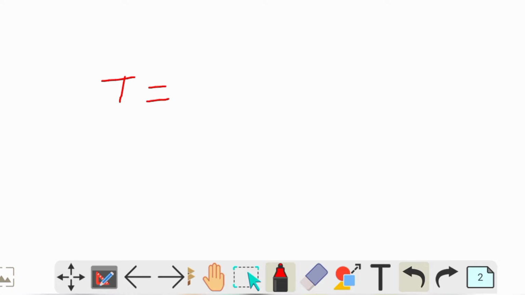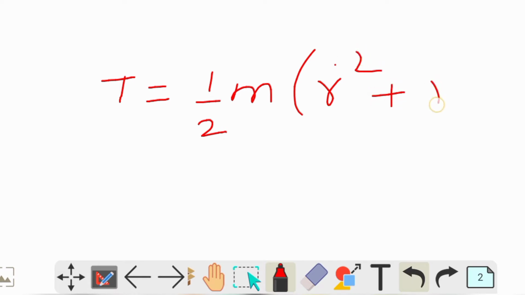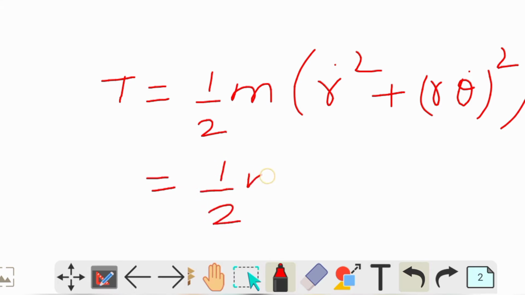Kinetic energy is equal to half m (r dot square plus r square theta dot square). But here r is equal to L and r dot is equal to 0, so we get the kinetic energy half m L square theta dot square.